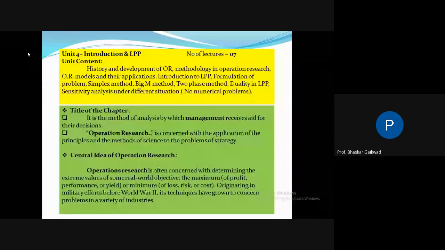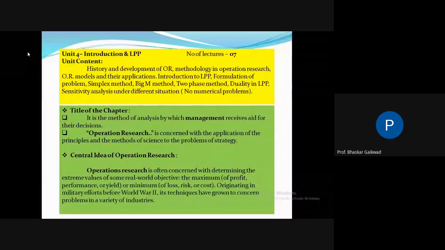That club's name is the OR Club. After that, in 1952, the Operation Research Society of America was formed.